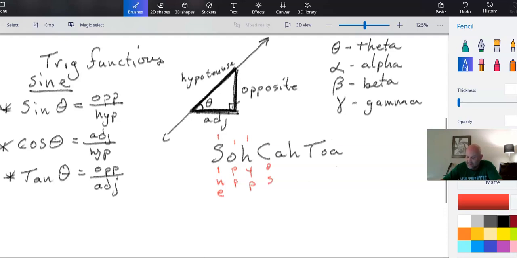Cosine is the adjacent over the hypotenuse. And tangent, I'm spelling these downwards, by the way, is the opposite over the adjacent. So you can actually use this SOHCAHTOA to remember what goes with what.